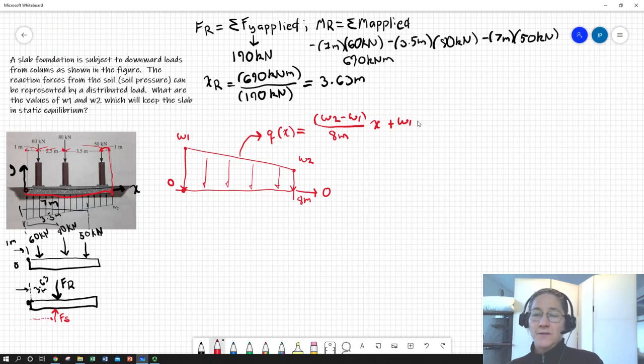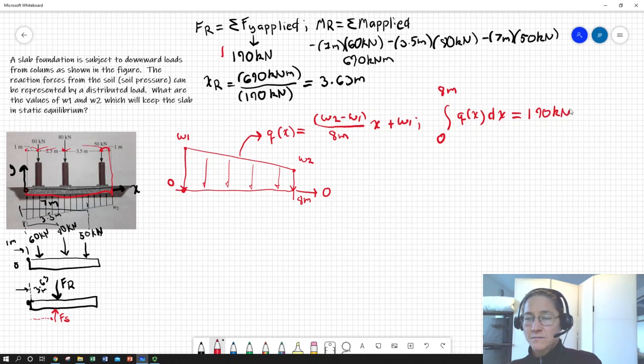And we know that if we integrated our load distribution from 0 to 8 meters, when we put in the limits of integration, we should get a value of 190 kilonewtons.